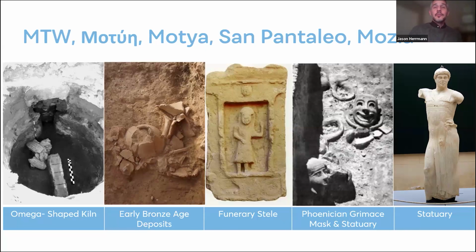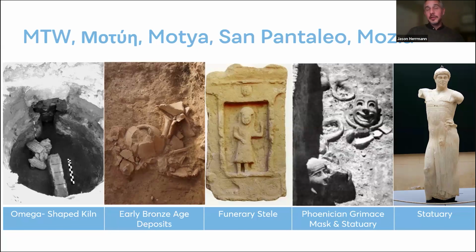But in the past, Motya was absolutely full of a variety of activities that demonstrated both its Levantine roots, and I'll discuss that in a little bit, and its contact with people who were native Sicilians and ethnic Greeks.